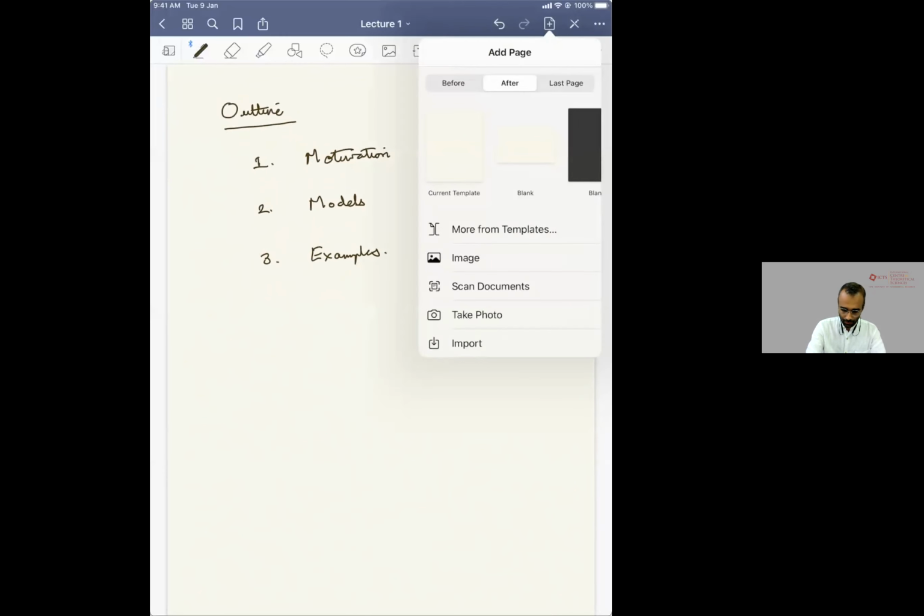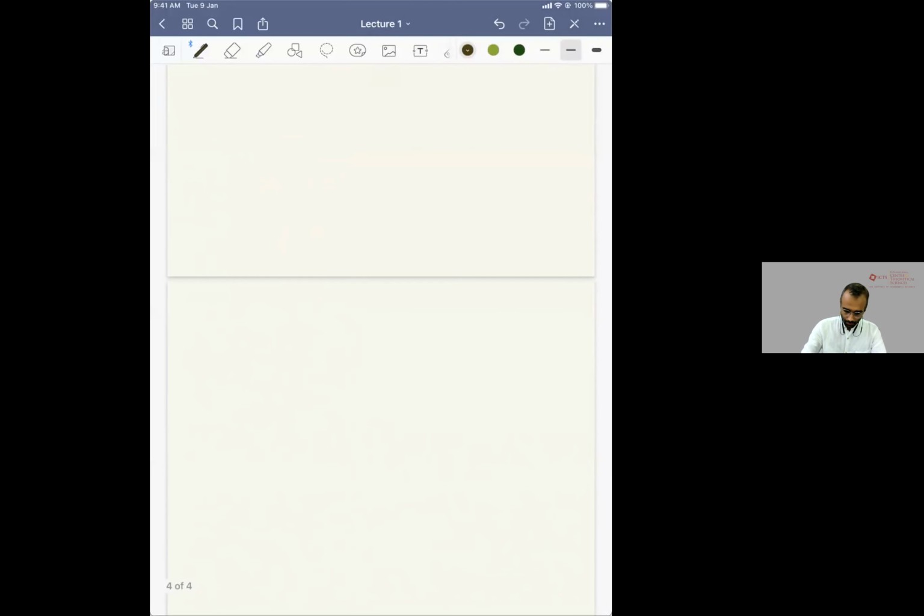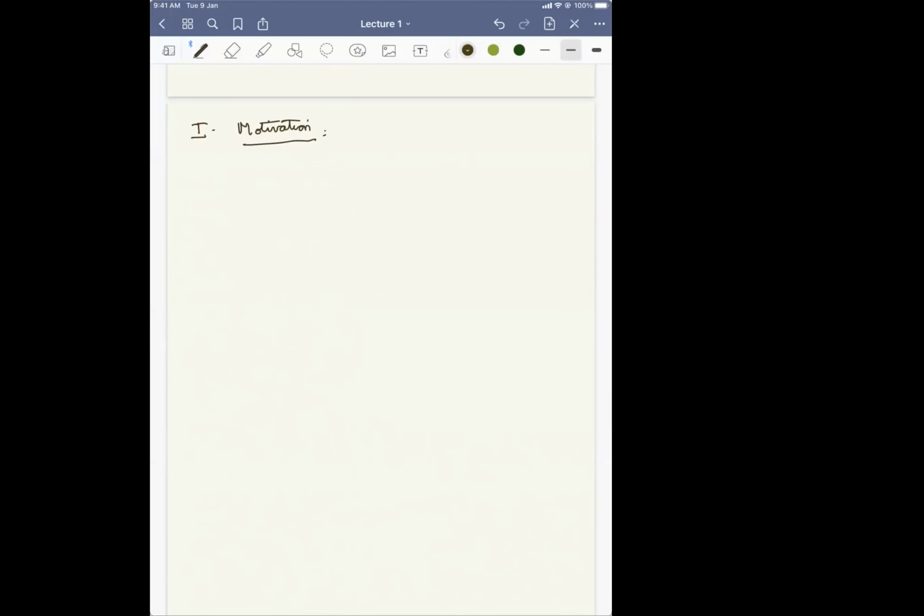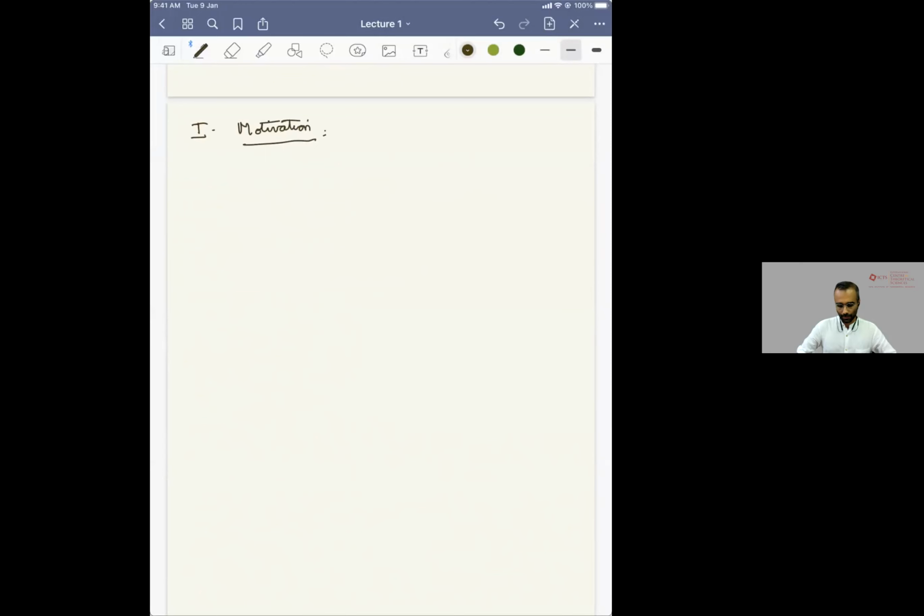So let's start with the motivation. What is higher category theory about? You can think of higher category theory or higher algebra as being about the following.